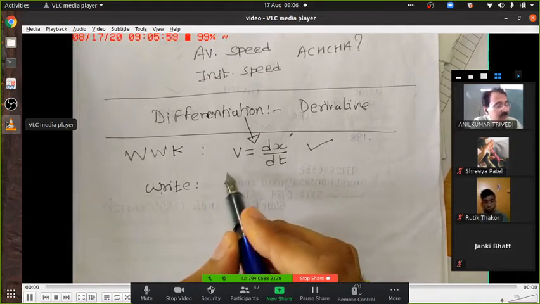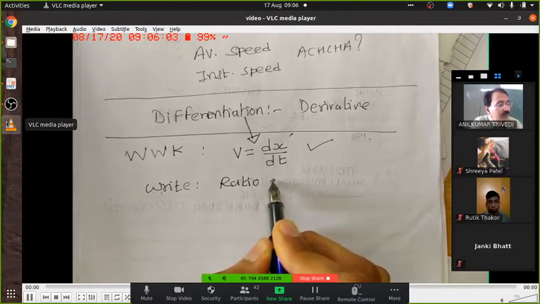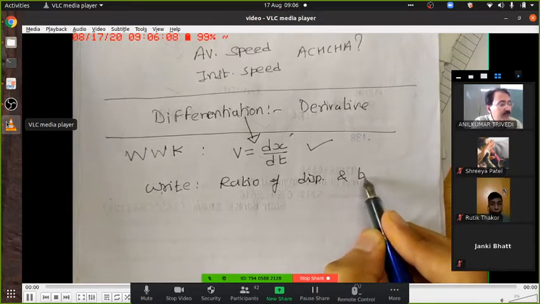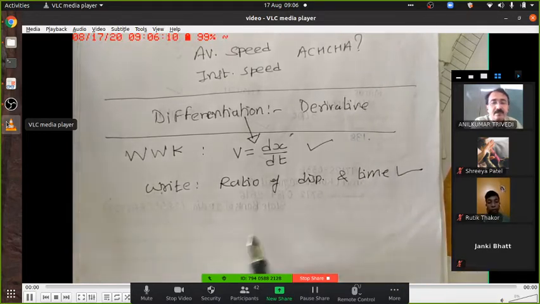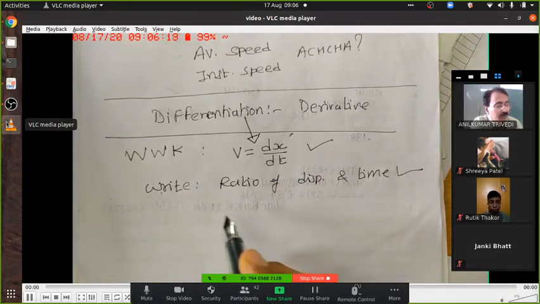It is ratio of displacement and time. Is it correct? Right or wrong? It's the ratio of displacement and time. Right. Okay.